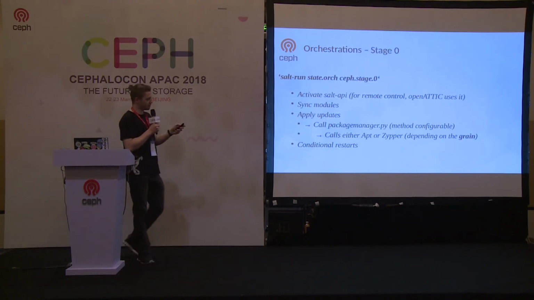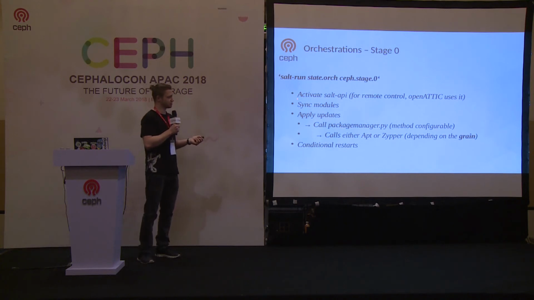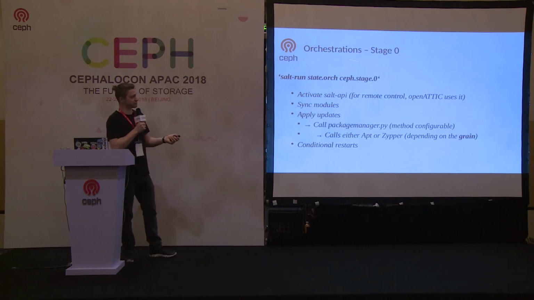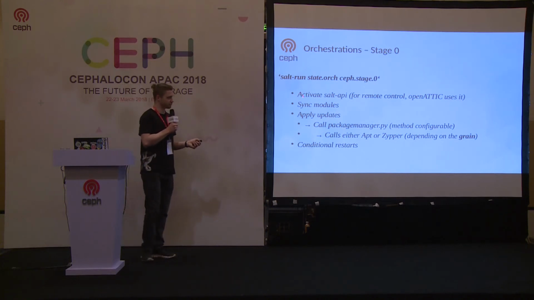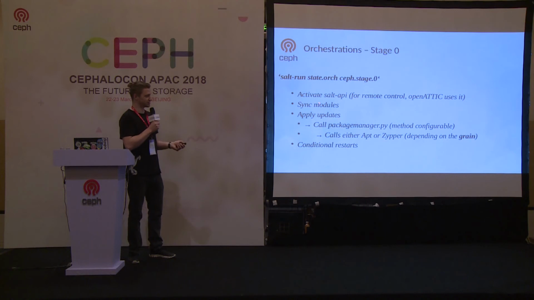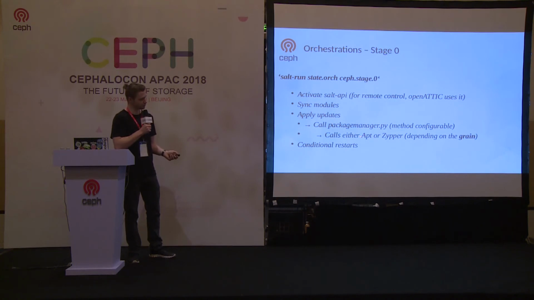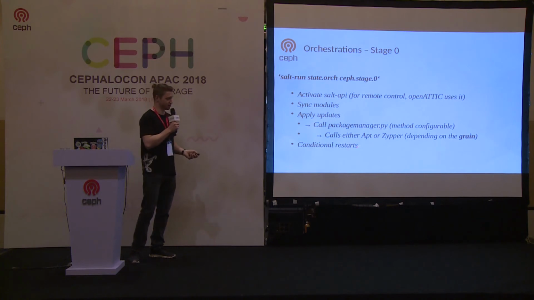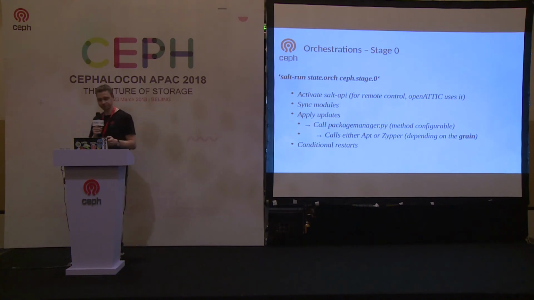If we now have a look again, this is important to understand: this orchestration holds different states in it. For example, one state is this, one state is this, one state is this, and that state has a module in it, and that module calls either apt or zypper or yum or DNF based on its grain. So that's cool.